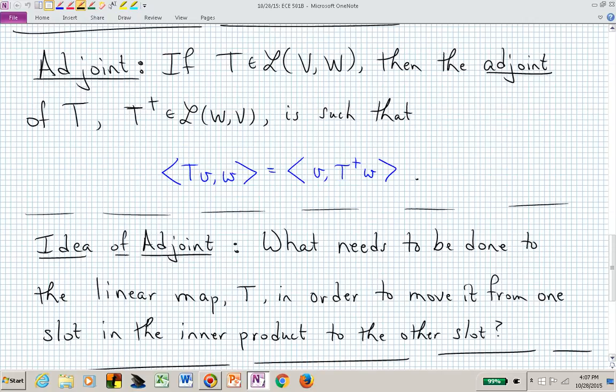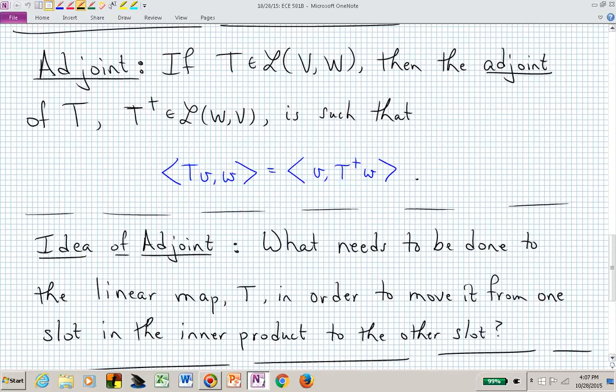You now have a linear map from V to W. The adjoint goes in the other direction. It goes from the inner product space W back to V, and it does so in such a way that the inner products shown in blue are equal.